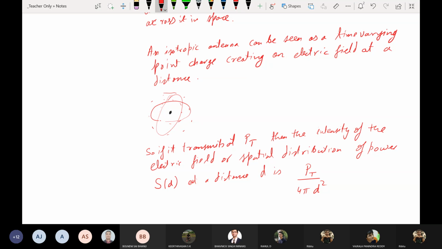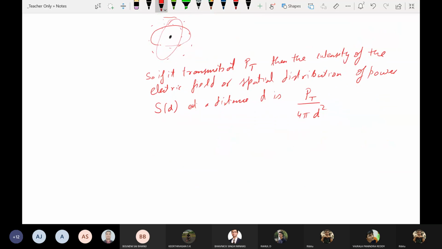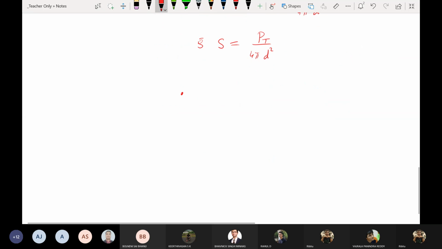Or let me call this just S. S is PT over the surface area of the sphere. Now, at a distance D, if you place an object of area, say AR, then a wavefront is emanating from this point source.